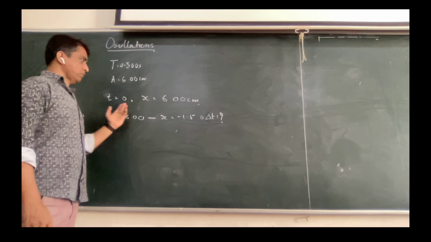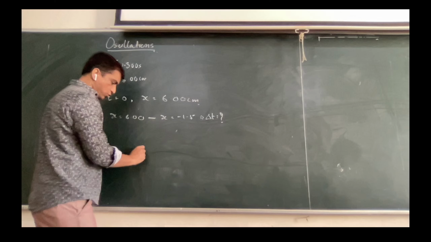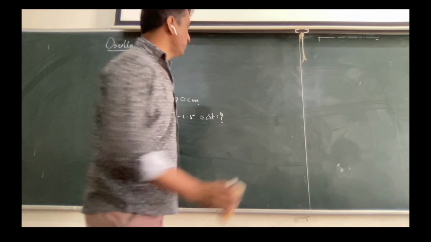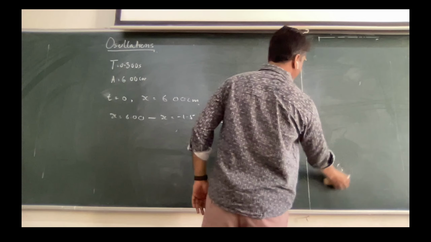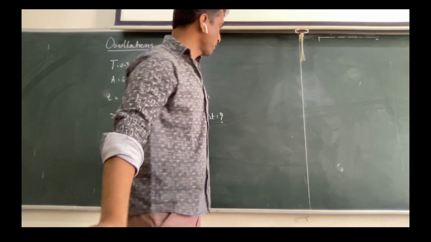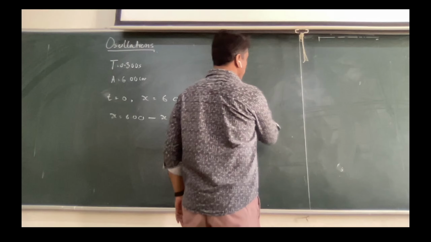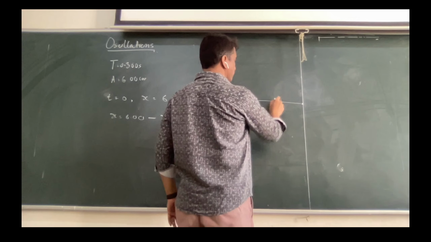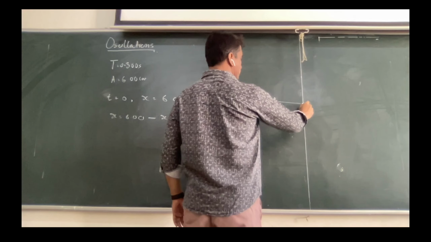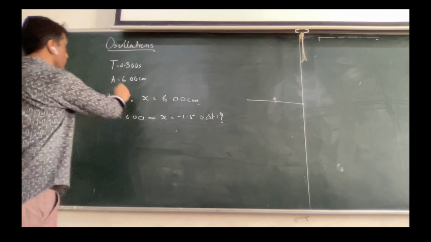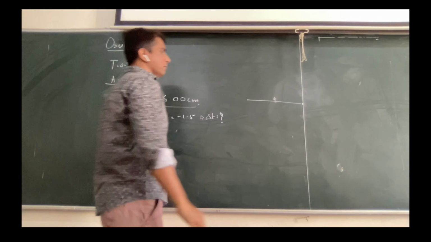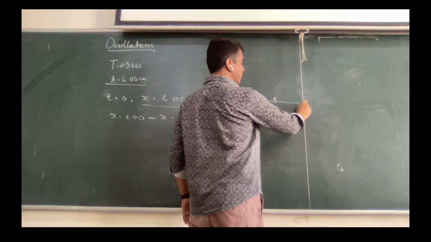At t is equal to 0, basically the issue is you have a particle here. Say that this is origin. This is amplitude 6 and the particle is at 6, meaning the particle is at the right extreme.